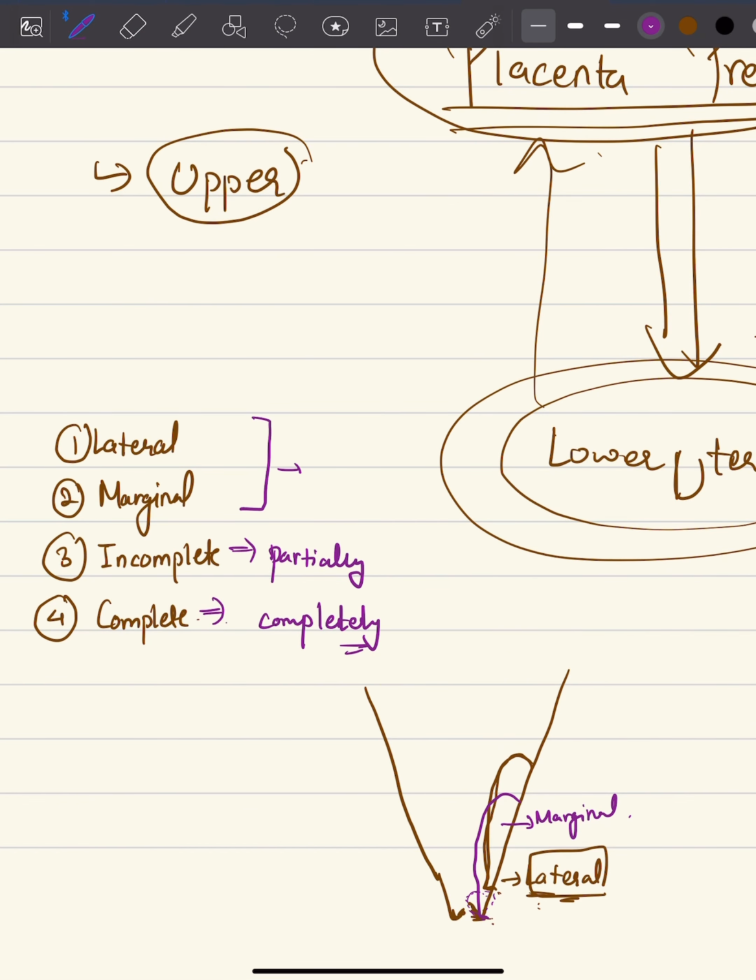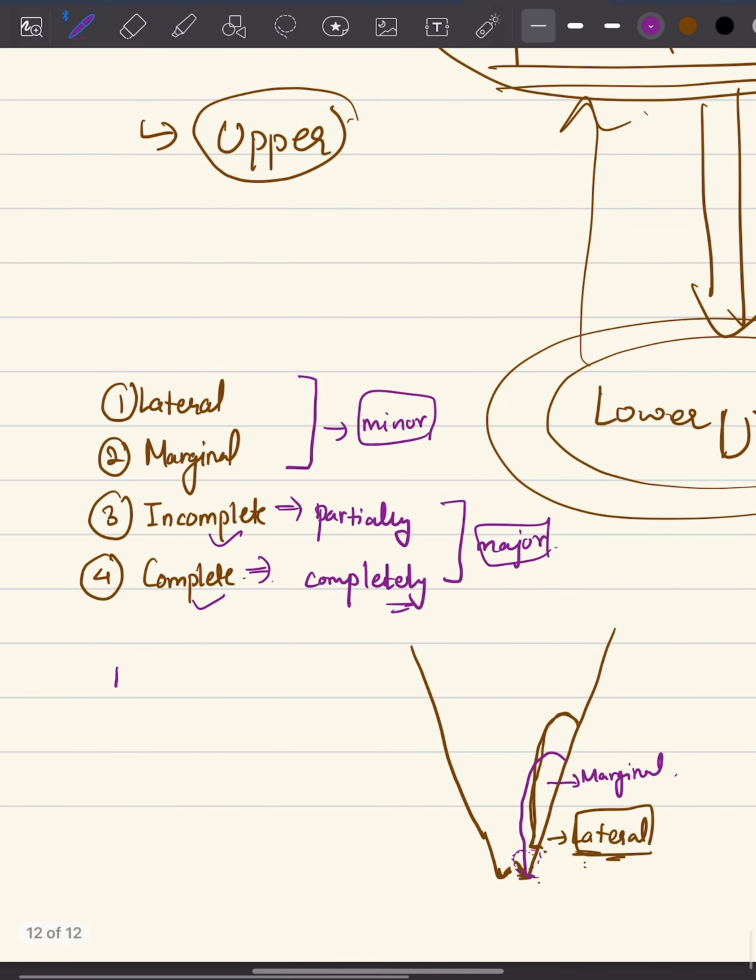The lateral and marginal kinds are the minor types of placenta previa, whereas the complete and incomplete are the major kinds.